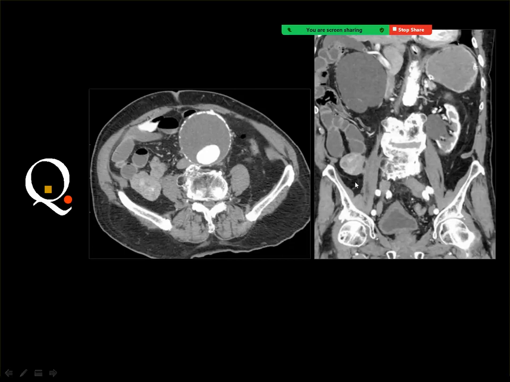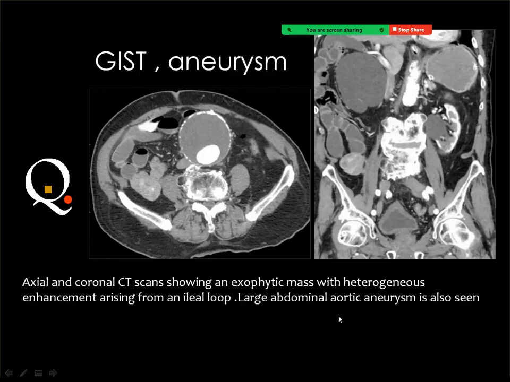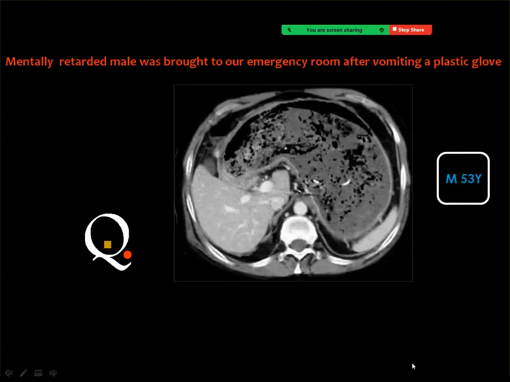Carcinoids are usually strongly enhancing, and they produce a reactive fibrosis or fibrous strands, which can produce some sort of retraction of the mesenteric fat, and this usually characterizes the carcinoid tumor. Then this is GIST tumor, and this is the aneurysm. It is an incidental finding.